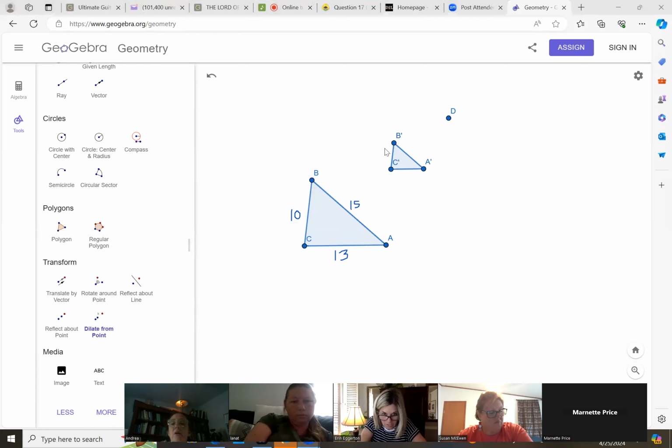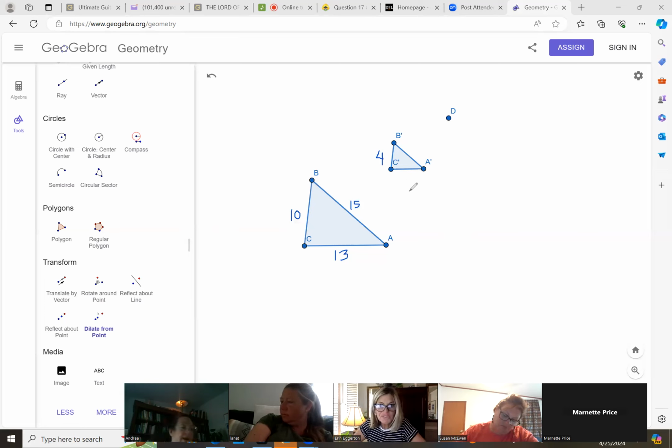So we need to multiply by 4/10, which simplifies to 2/5, in order to bring it down to the smaller figure. This side here was 4. So that's how we knew that the scale factor was 4/10, because the image was 4 and the original was 10, with these corresponding sides, BC and BC prime.